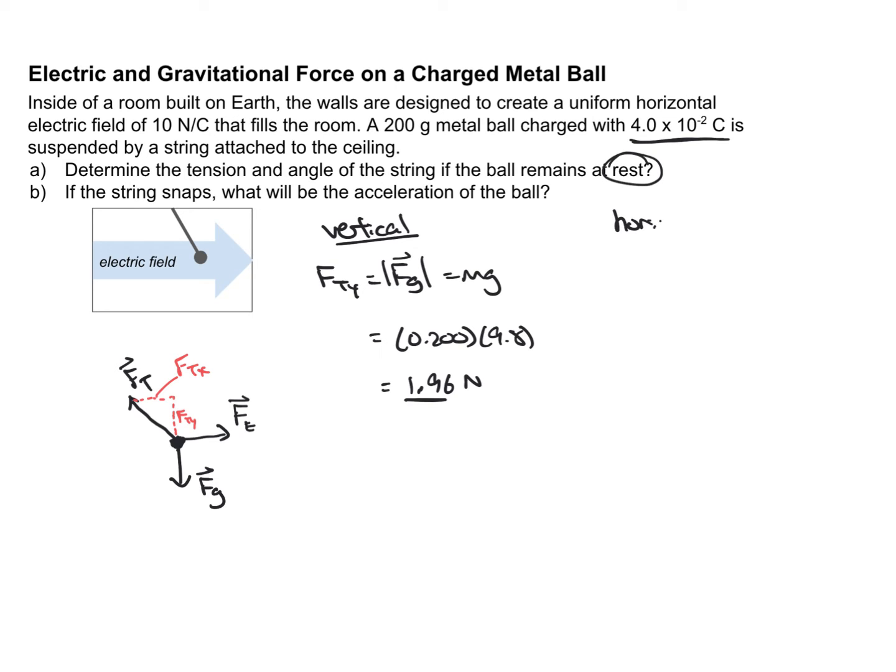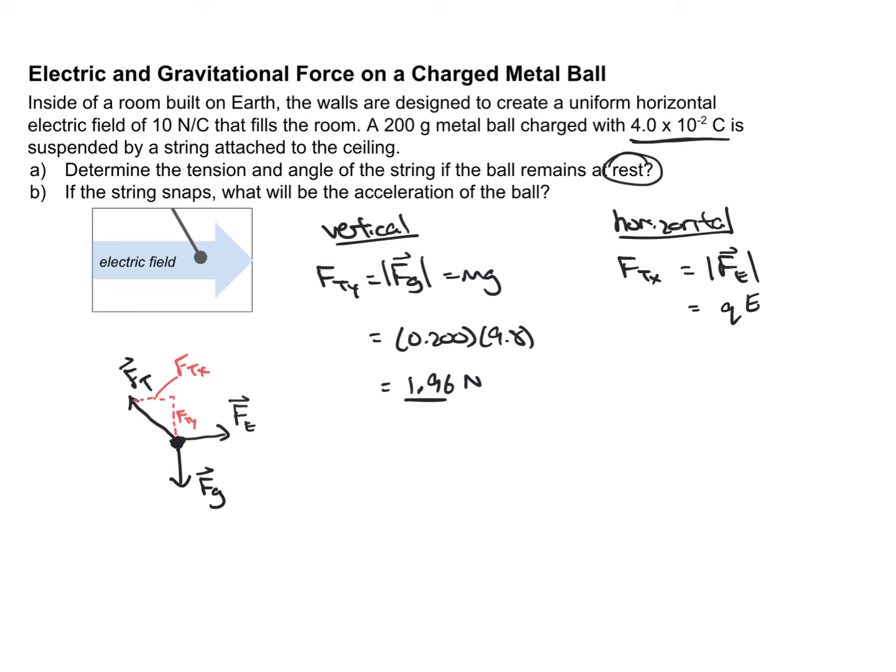And I can do a similar thing for the horizontal, the x component of tension. The magnitude of that will have to equal the magnitude of the electric force, which is equal to the charge times the electric field. Okay, so gravitational force, m times g, mass times gravitational field.